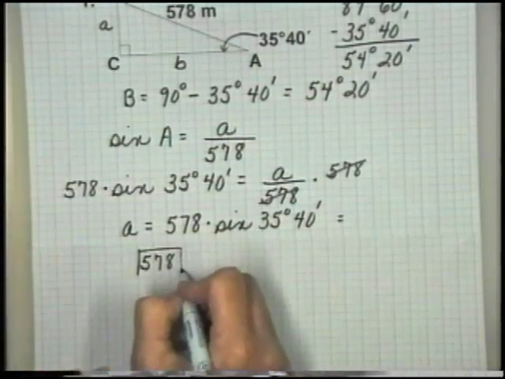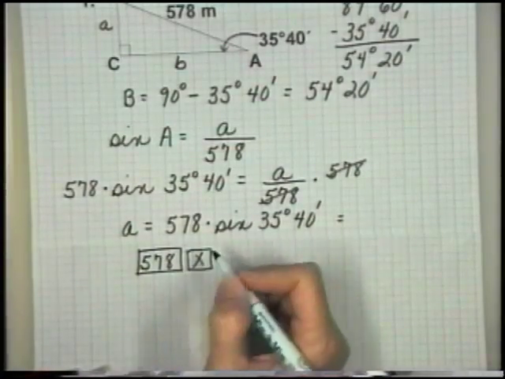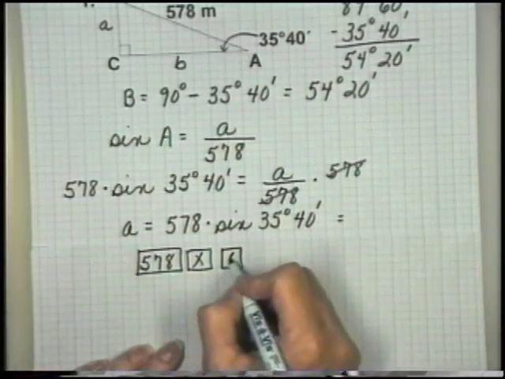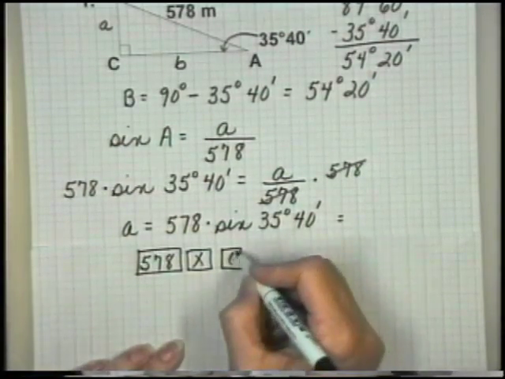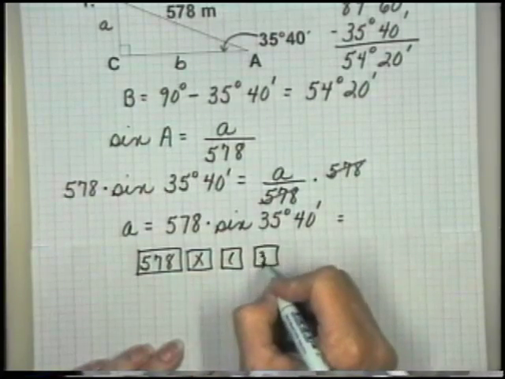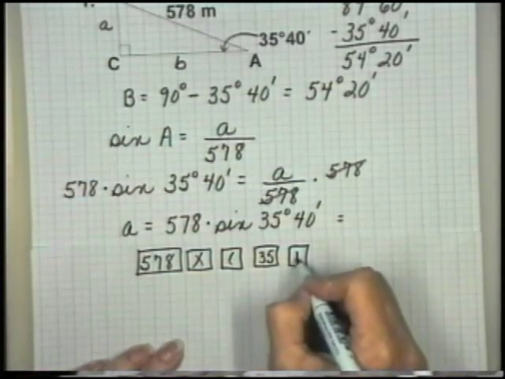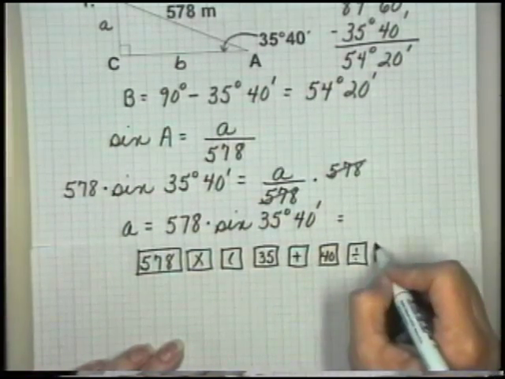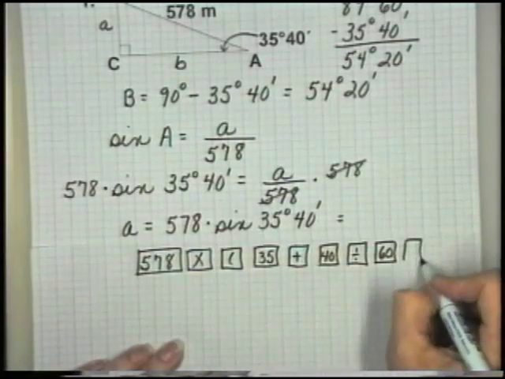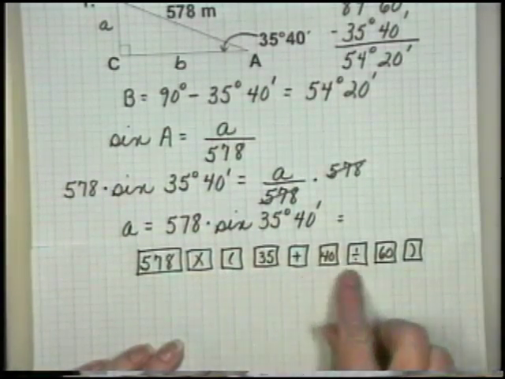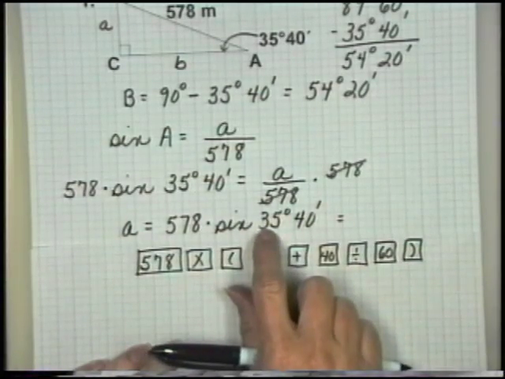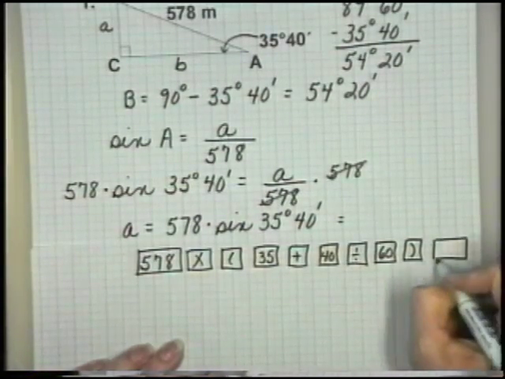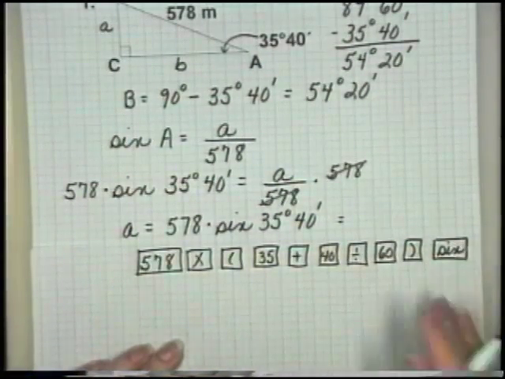We'll go 578 times, and then for a scientific calculator, to get it to convert to decimals, we'll put our parentheses, our 35 plus 40 divided by 60, close parentheses, and that should convert this angle in degrees and minutes to decimal degrees, which is how our calculator wants it.